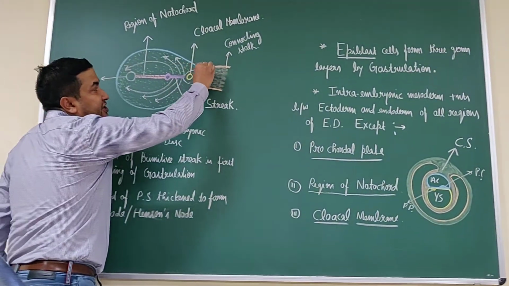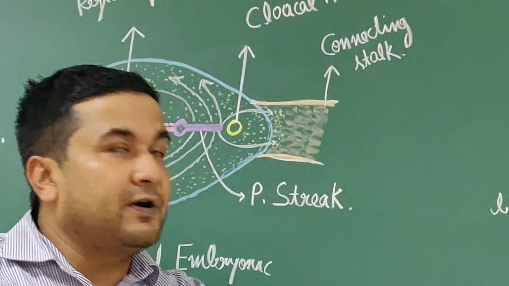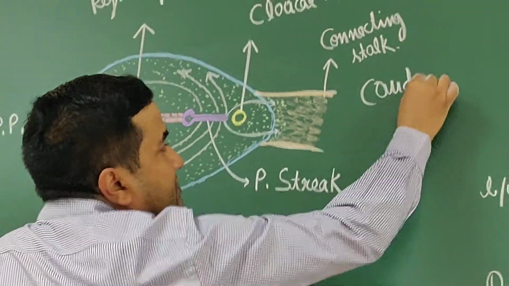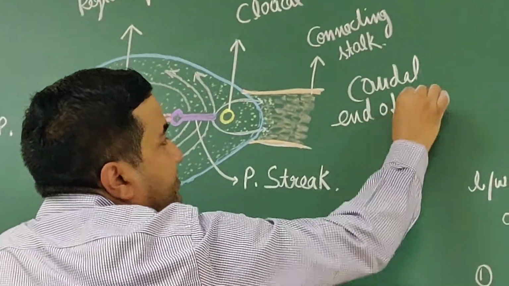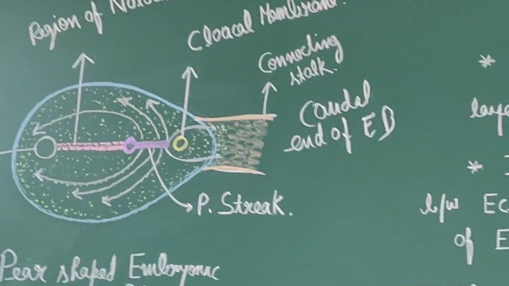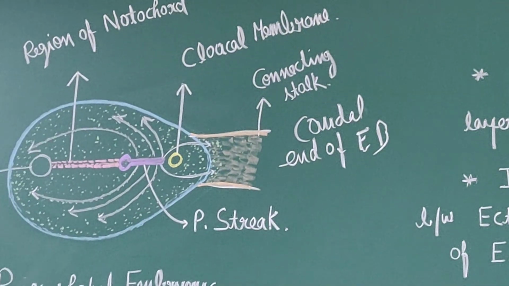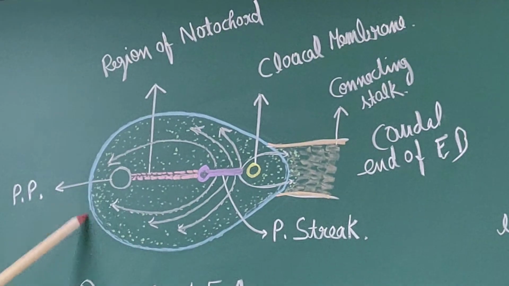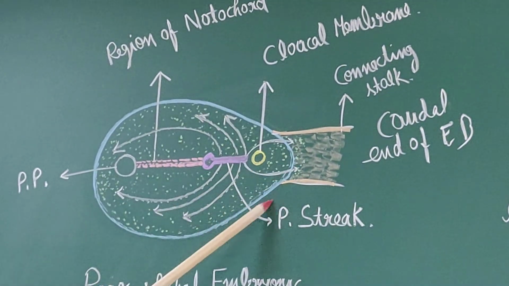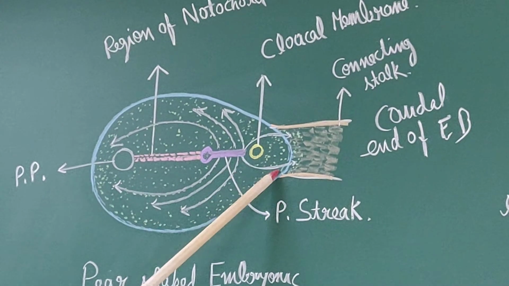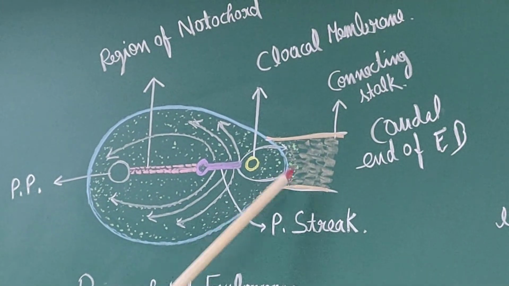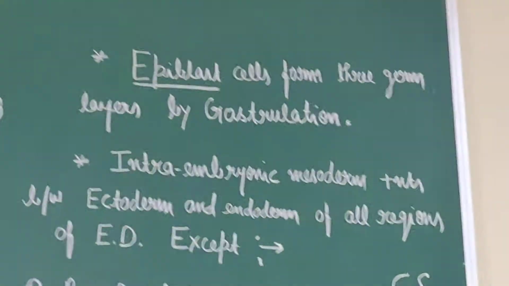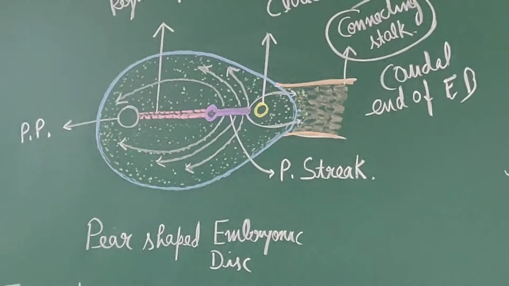Now, this connecting stalk that was present above is shifted to the caudal end of the embryonic disc. The cranial end, the head region, is broad, while the caudal end is narrow, and this caudal end is connected with the connecting stalk.